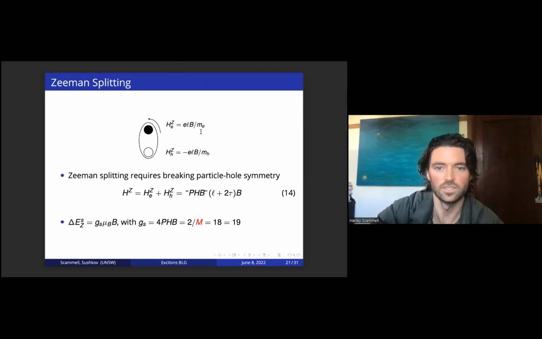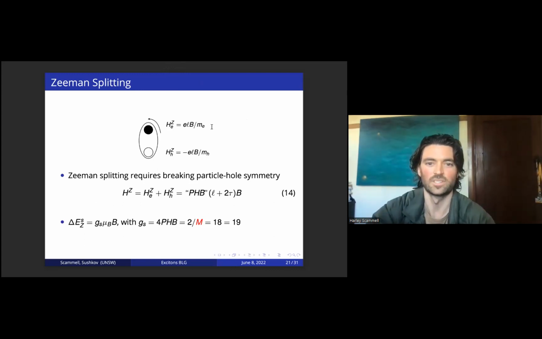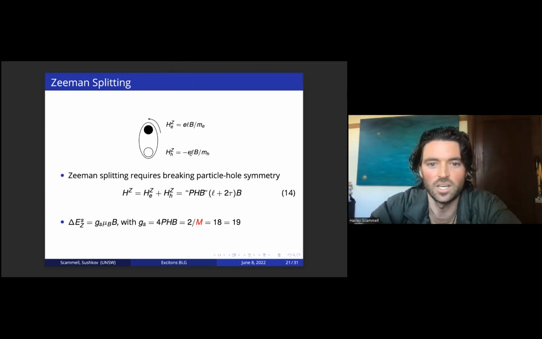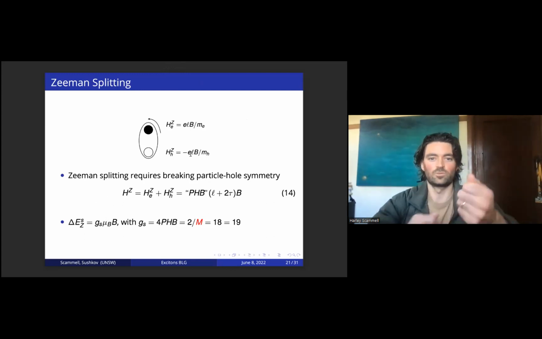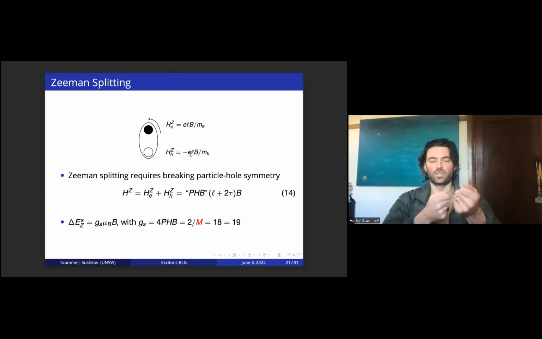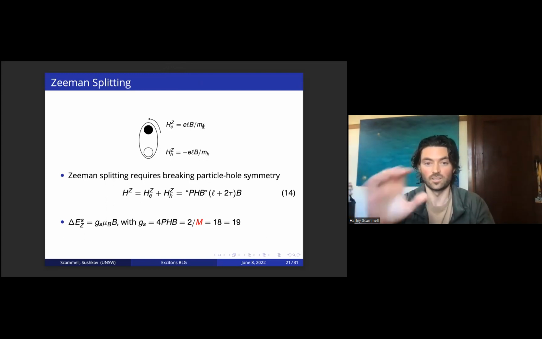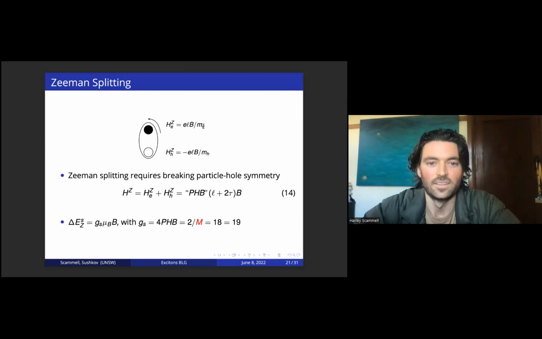Here's a cartoon, a classical picture of the excitonic bound state. We have electron and hole with opposite charges. They rotate together. They have the same angular momentum L under the same B field, a magnetic field, but they have opposite charge. So when you sum these Zeeman contributions, say from orbital dynamics, if they have the same effective mass, basically if it's a particle-hole symmetric band insulator, then the orbital contribution is 0.